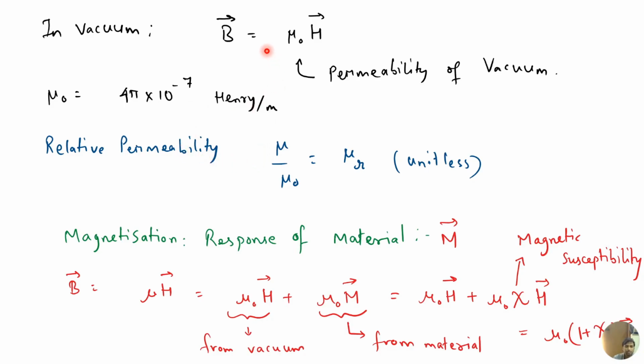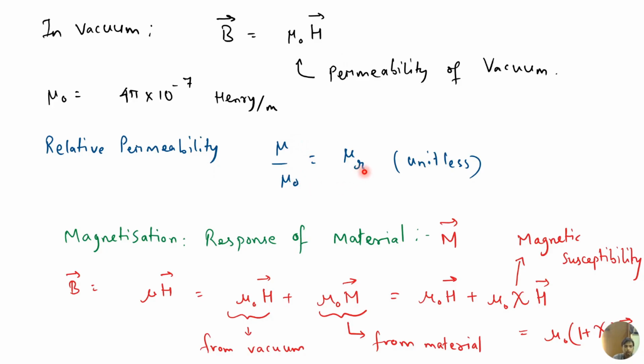We also define something called relative permeability. In vacuum, we have the quantity mu naught. But when we have a certain material, the magnetic response is different from the vacuum, and how different it is is given by the ratio mu over mu naught.